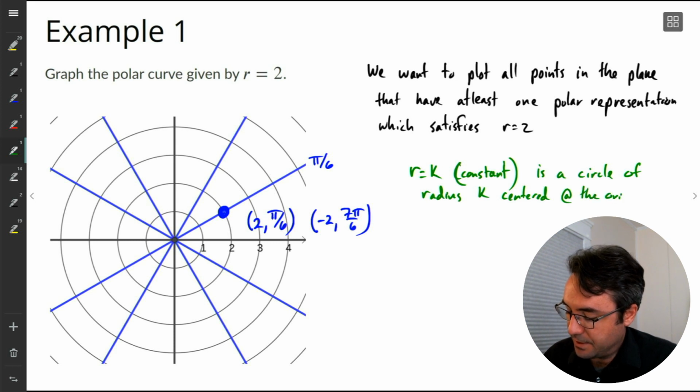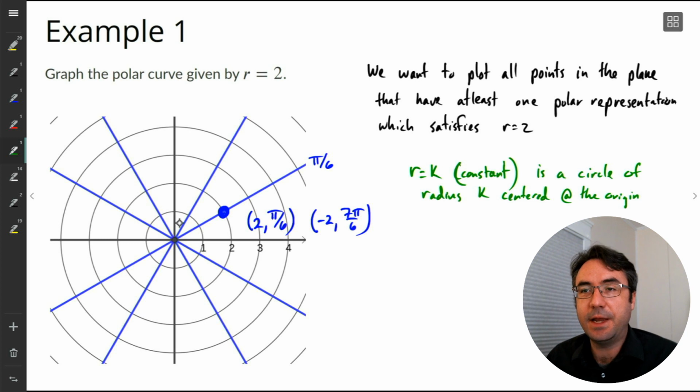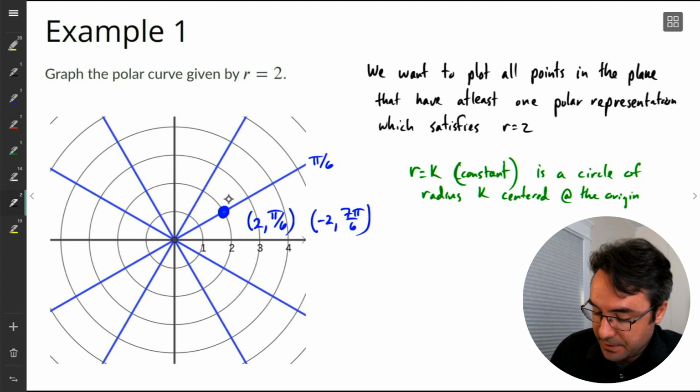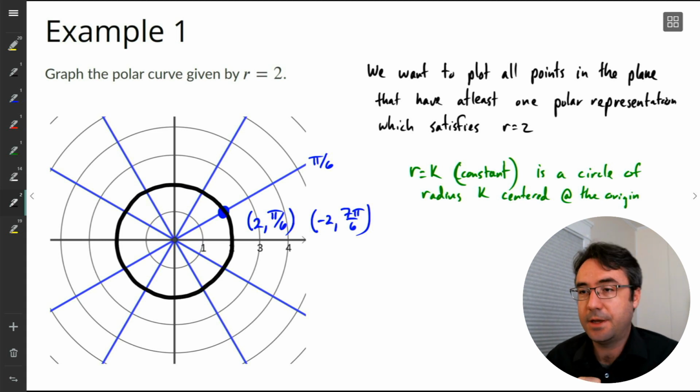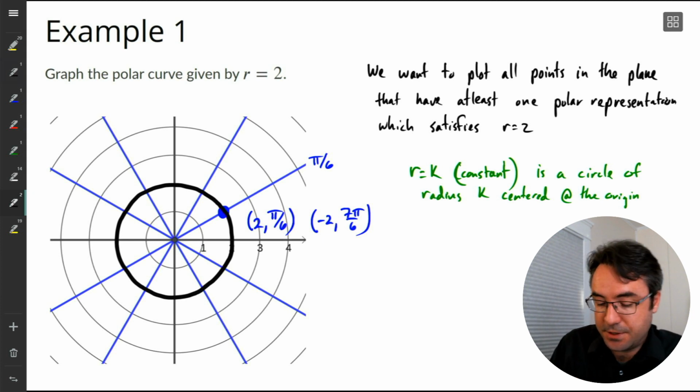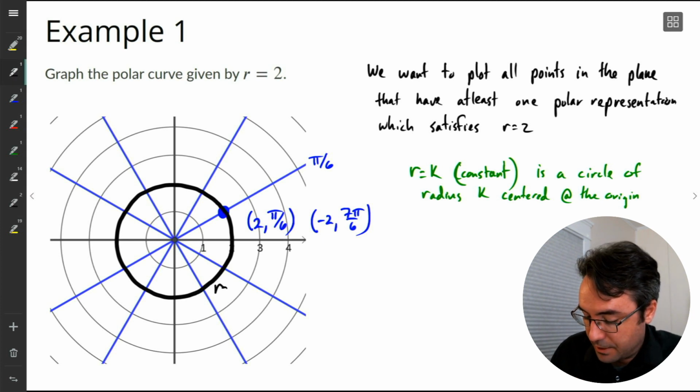That's why it's helpful to think of the r value as really like a radius, because when r is equal to a constant, it's giving us a circle. So it's going to be the circle centered at the origin with radius 2. And there we go. So this is the graph of r equal to 2.